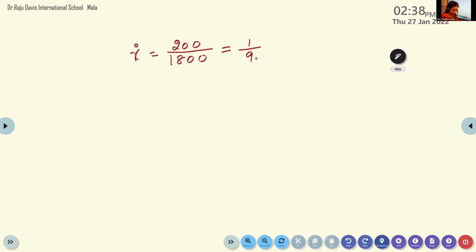So r will be 1 by 9. Now we want to find the effective rate of interest. The formula is effective rate of interest equal to 1 plus r by m.